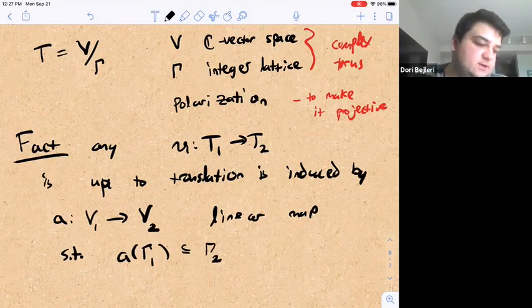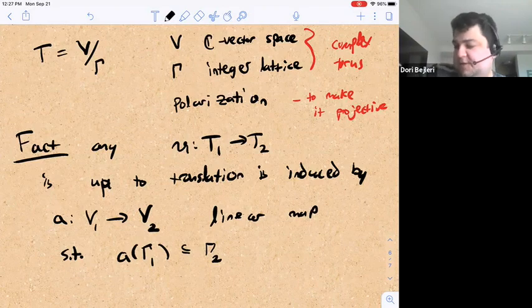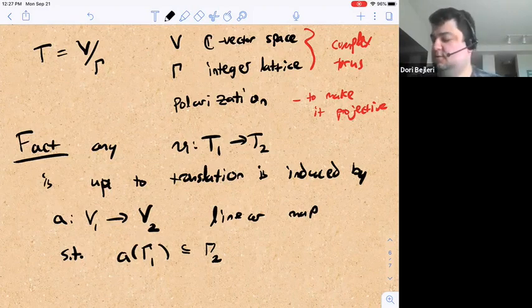And so basically, to construct this Albanese and prove these universal properties, we just have to construct a vector space and a lattice with the polarization, and then use this fact to prove the universal property.